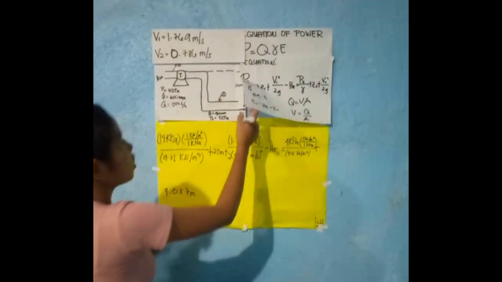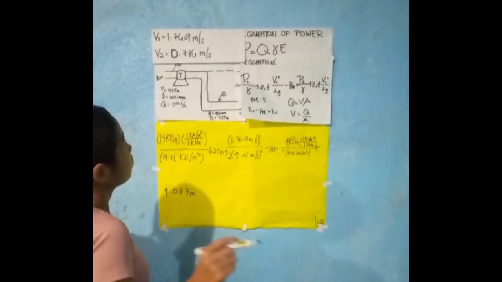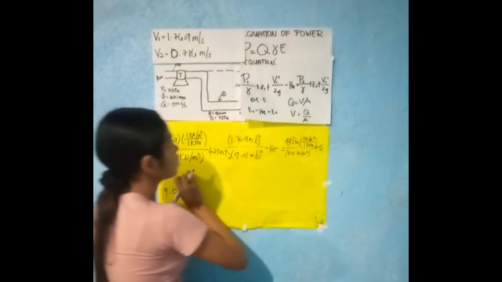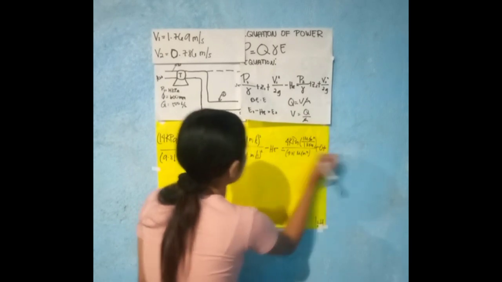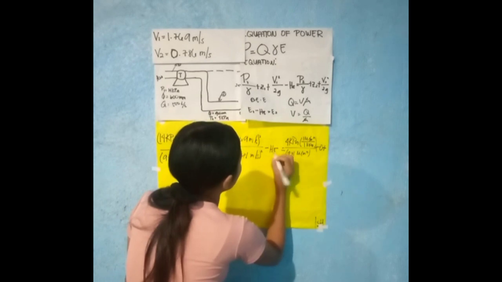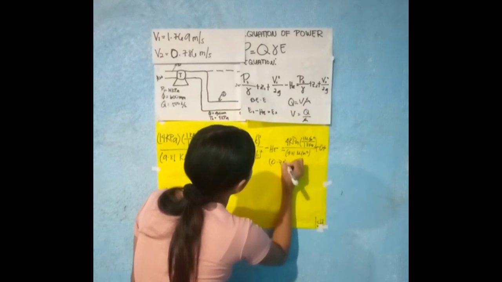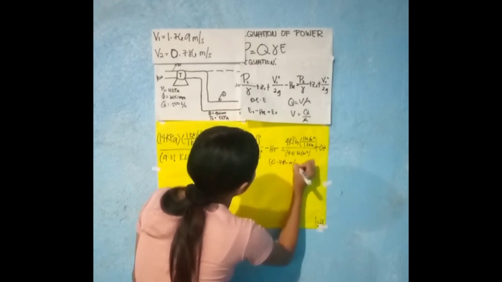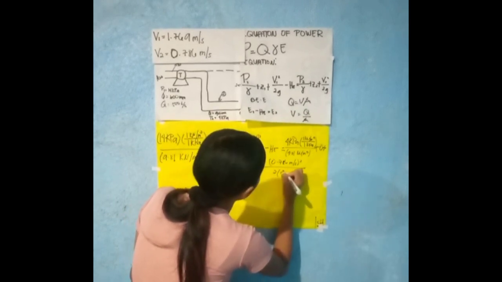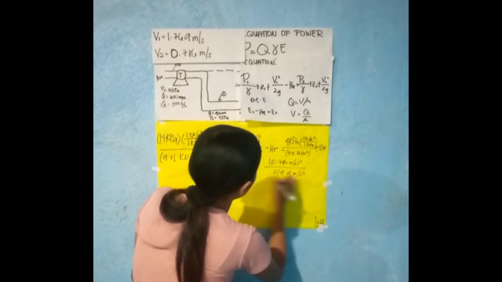Our elevation in point 2 is 0. So plus 0. Our velocity 2 is equal to 0.786 meter per second squared over 2 times 9.81 meter per second squared.